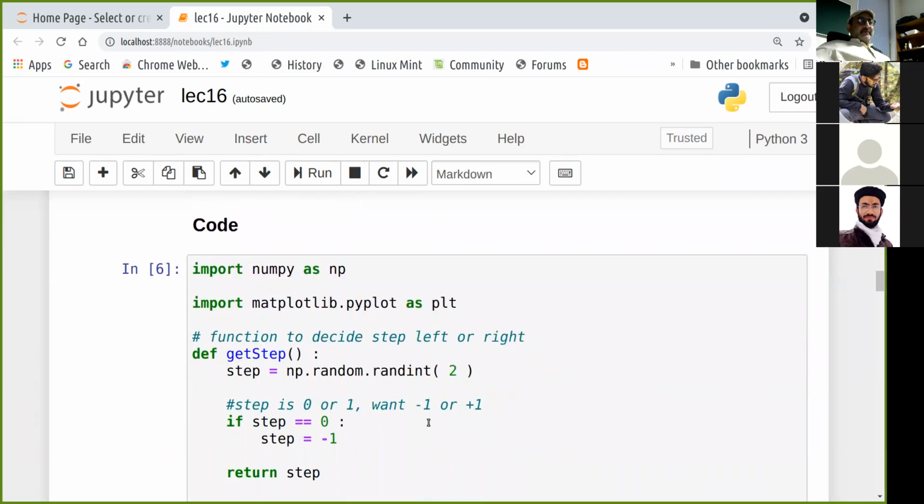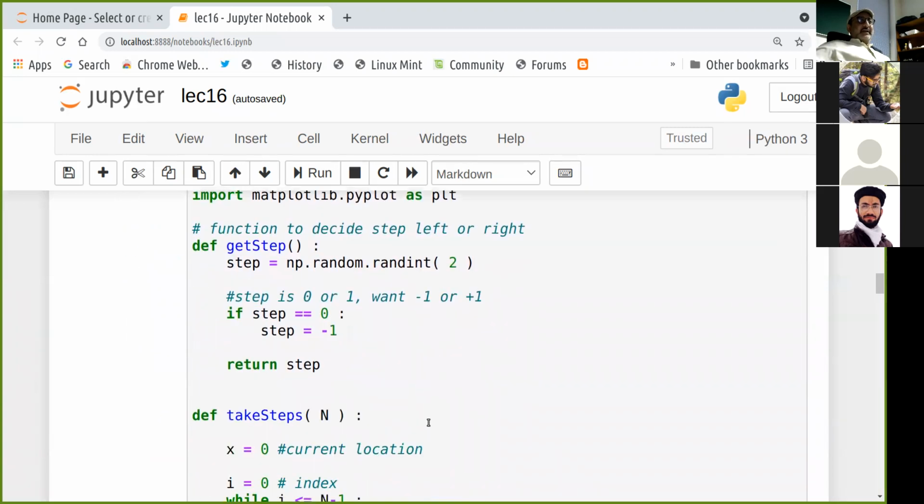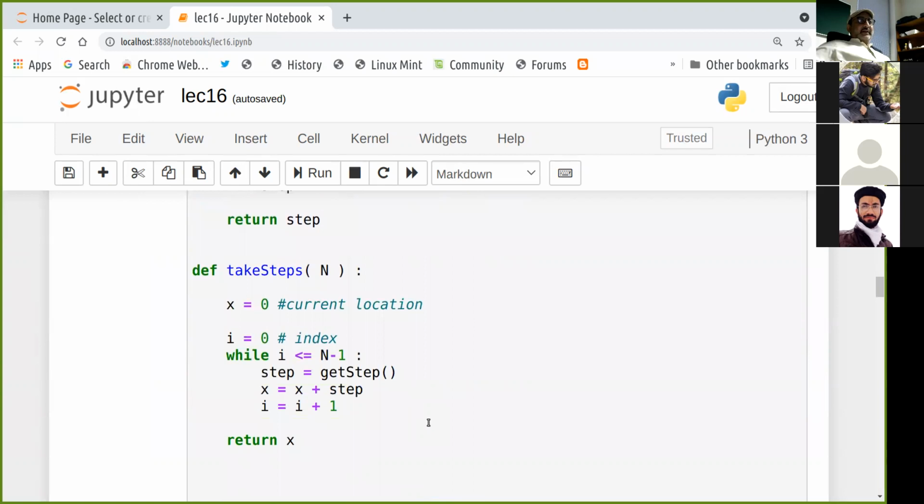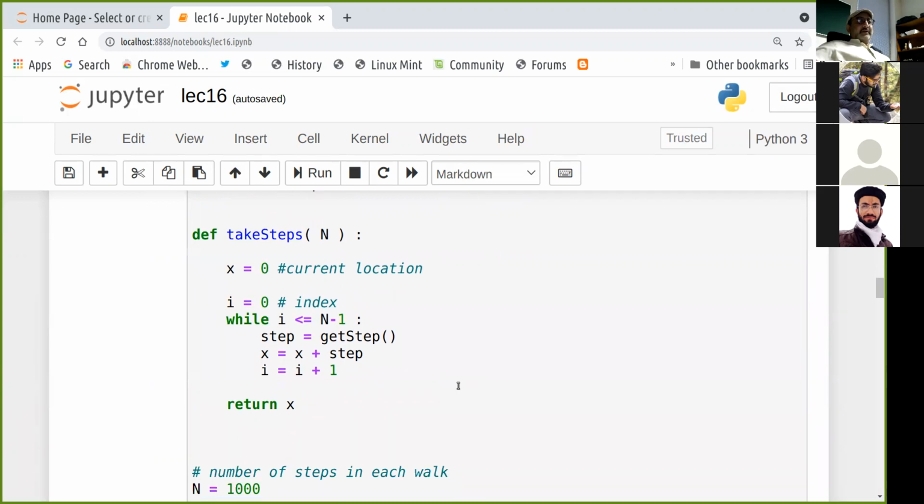Okay, so import numpy as np, import matplotlib.pyplot as plt as we did before. We have the same get step function. Now what are we doing? We're doing as we did before, except we're going to do it n times. And each time, the result will be the final state in the random walk.